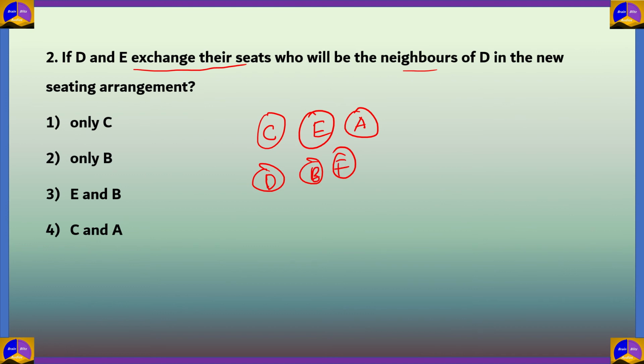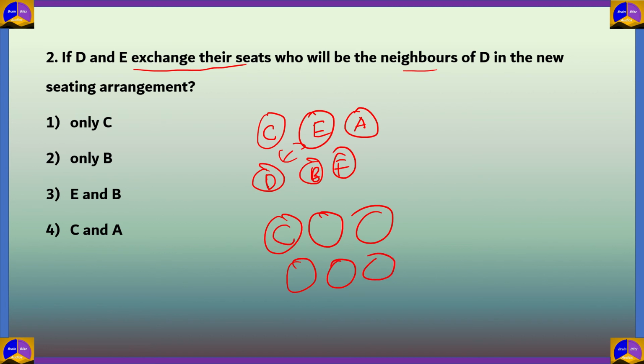So first it's asking if D and E exchange their seats. So if they exchange their seats, the new seating arrangement would be CE would be replaced by D. So CDA, D would be replaced by E. So EBF.